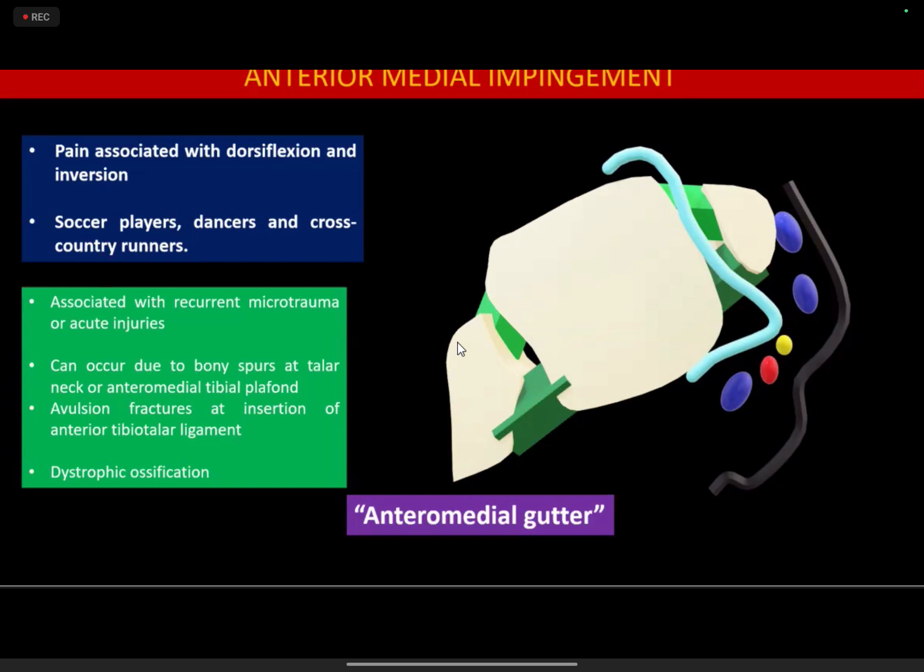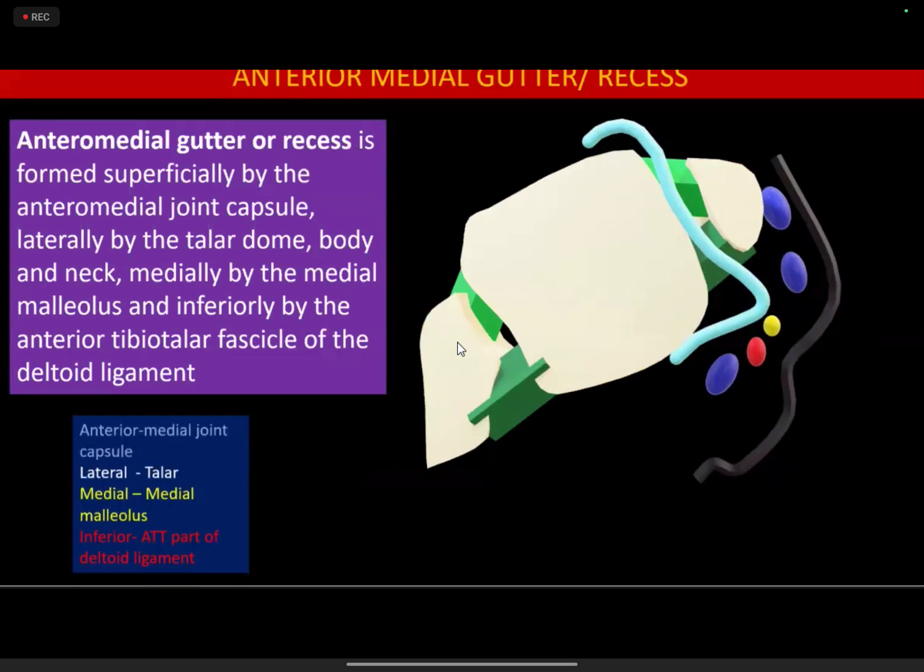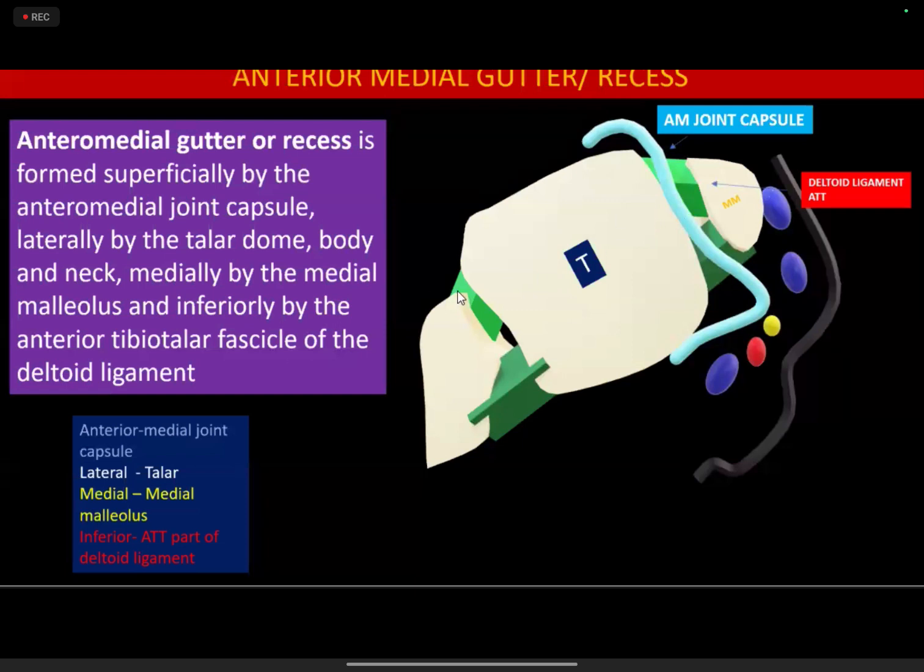Before talking about anterior medial impingement, let me take you through the anatomy of the anterior medial gutter, because that will again help you in identifying the diagnosis. So the anterior medial gutter or recess is basically formed superficially by the anterior medial joint capsule, laterally by the talar dome, medially by the medial malleolus, and inferiorly by the anterior tibiotalar fascicle of the deltoid ligament.